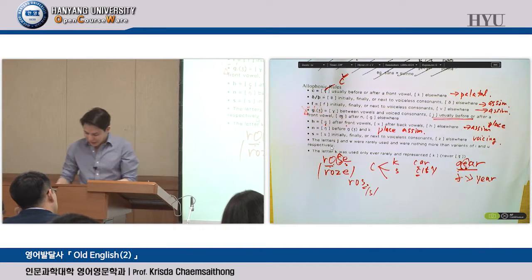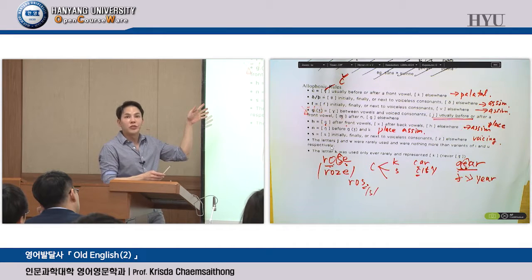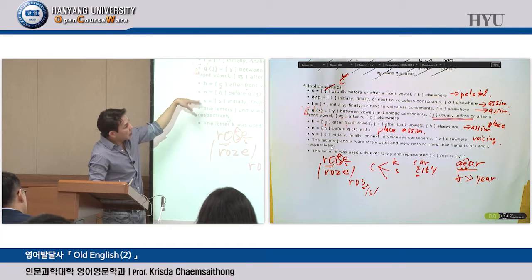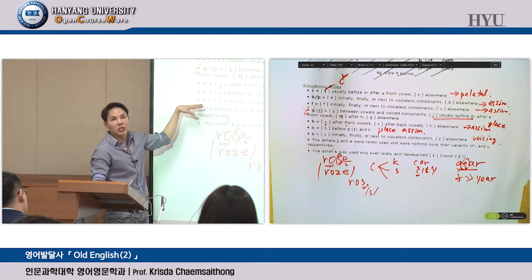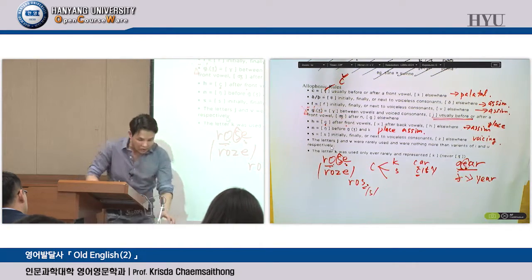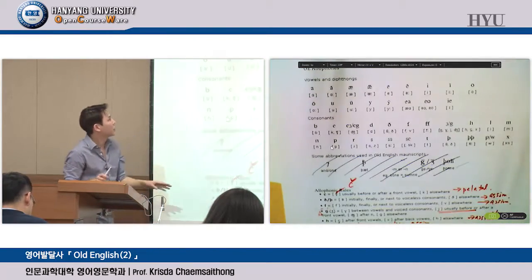I will not attempt that, but these are allophonic rules, okay? So typically, as you can see, maybe 90%, 98% of these have to do with assimilation, right? Whether voicing assimilation or place assimilation, right? So it should be commonsensical if you understand the basics of English phonology, right?